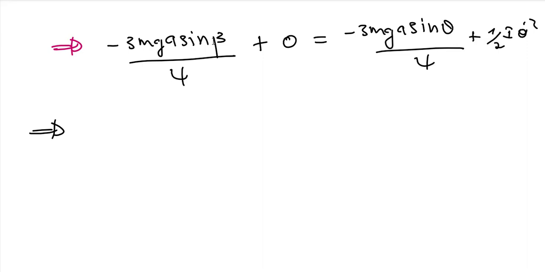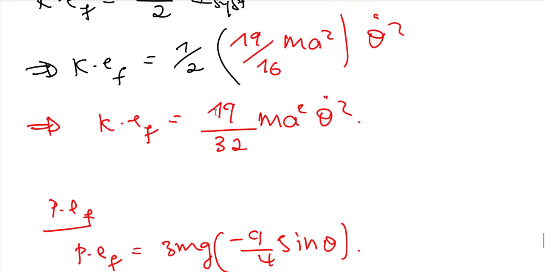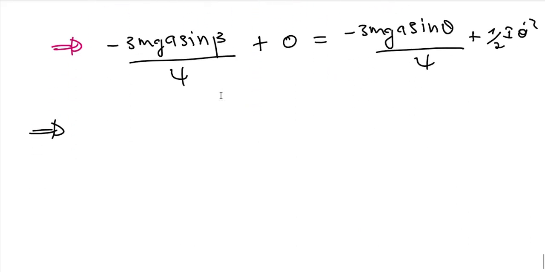Now if I rearrange, I will get a half the kinetic energy final, already simplified, gave us 19 on 32 ma squared theta dot square. So we have 19 divided by 32 ma squared theta dot square.